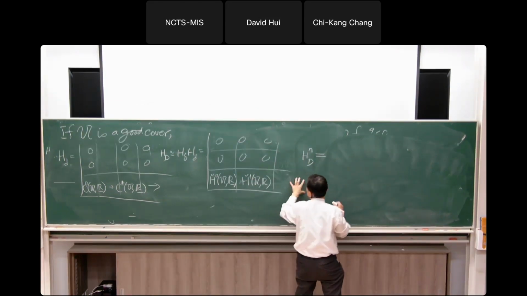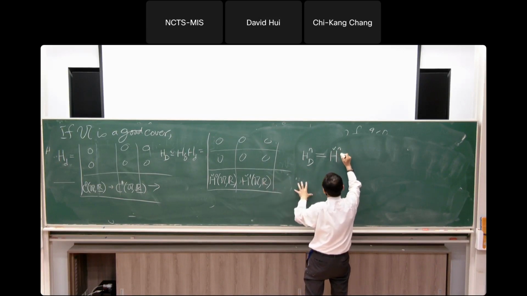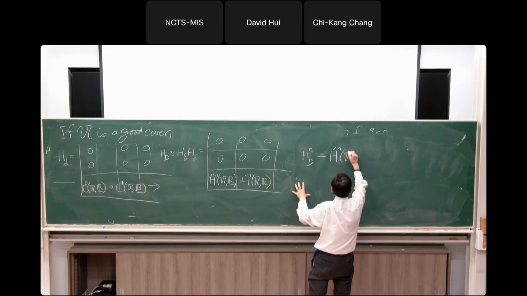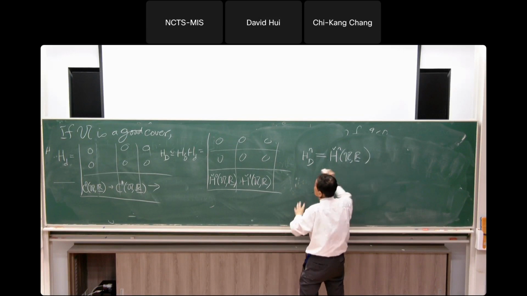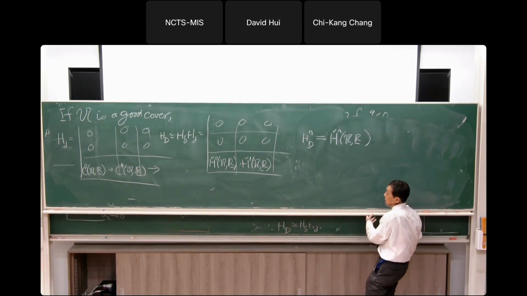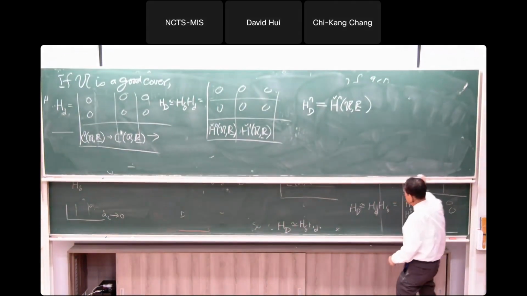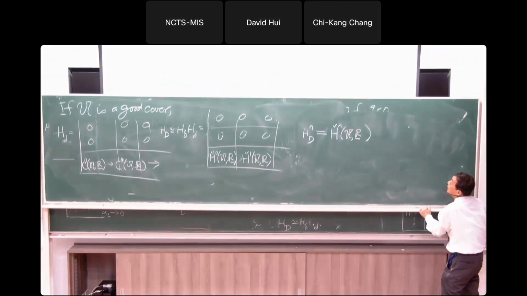So degree n would give you the Čech cohomology in degree n of the open cover, and here degree n would be the nth de Rham cohomology.